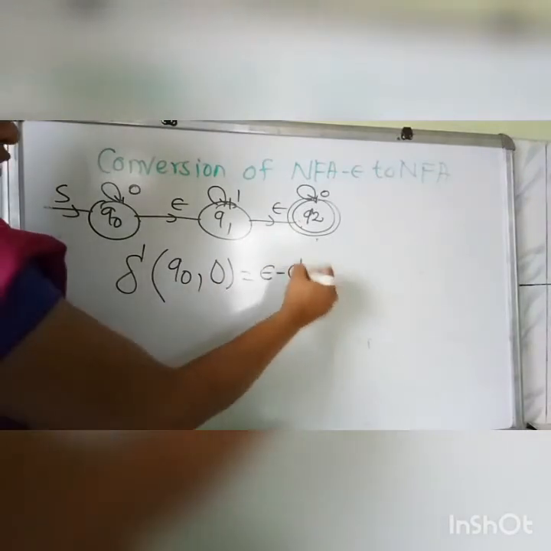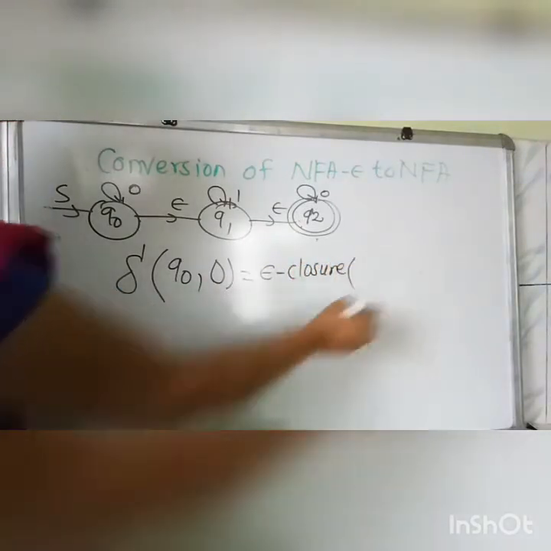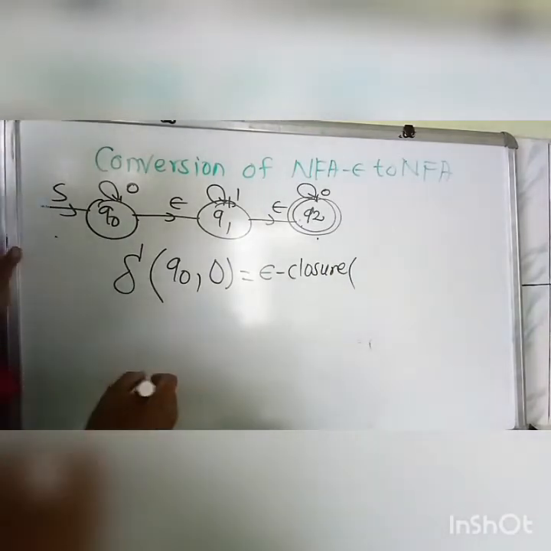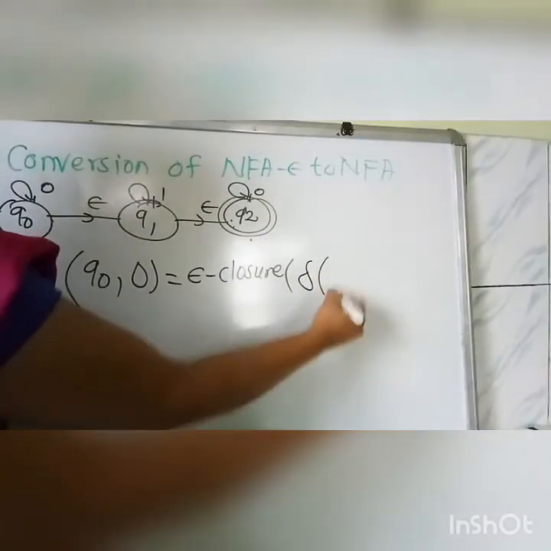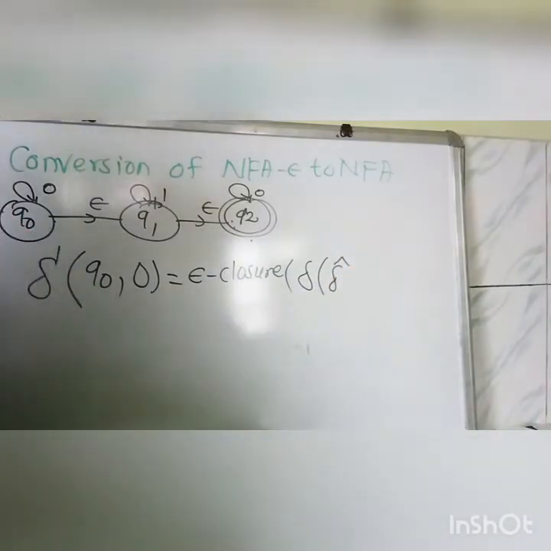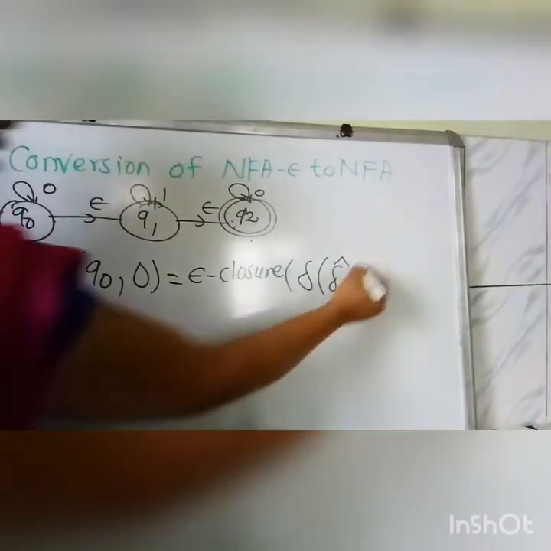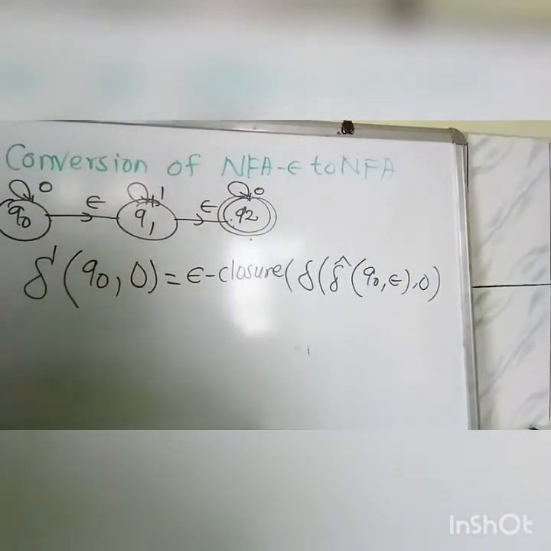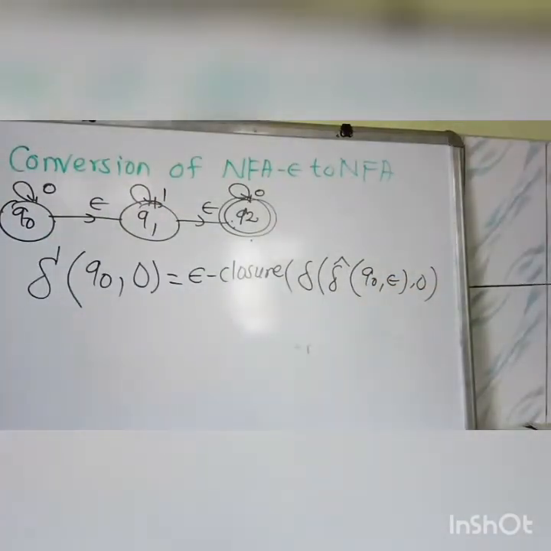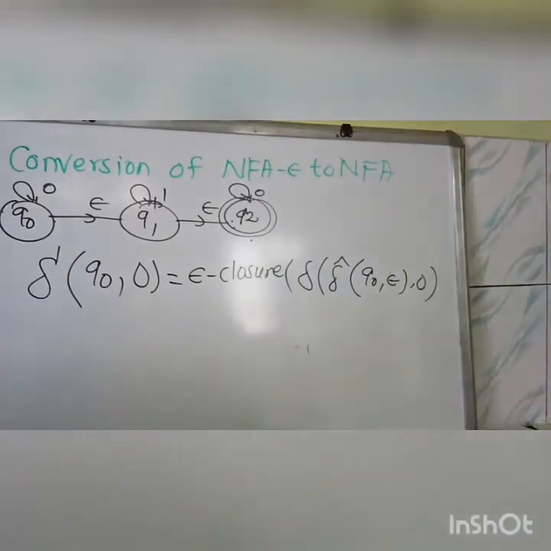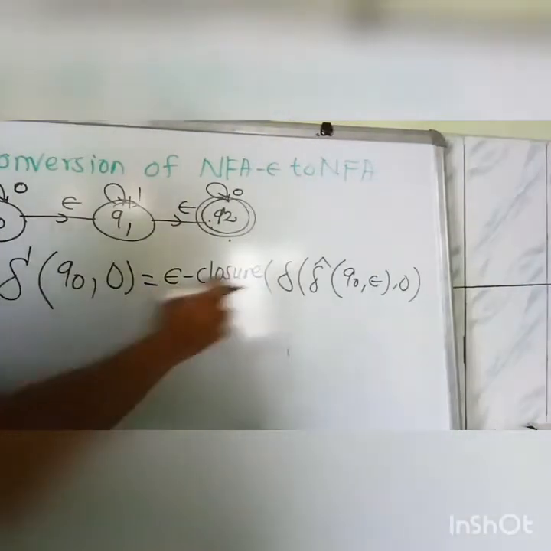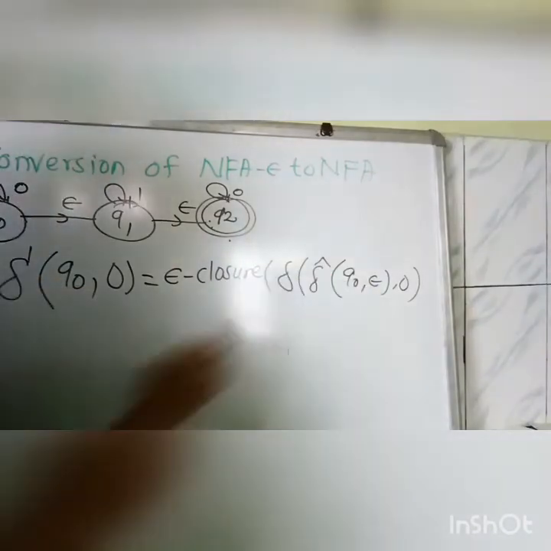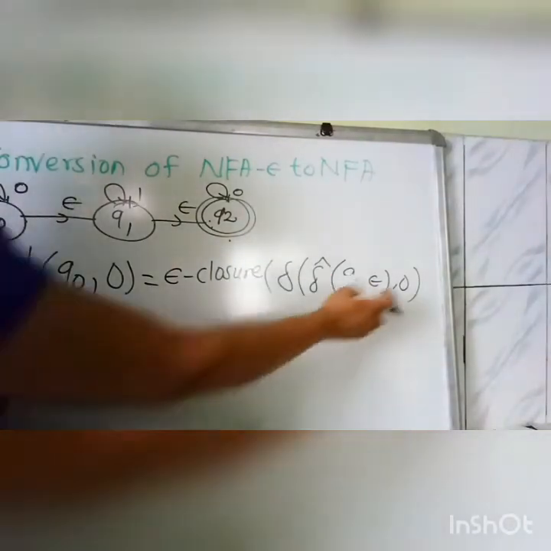This is the algorithm, that is, we have to take epsilon closure of delta cap of Q0 epsilon on 0. We will see it carefully. It is epsilon closure of delta cap of Q0 epsilon on 0.